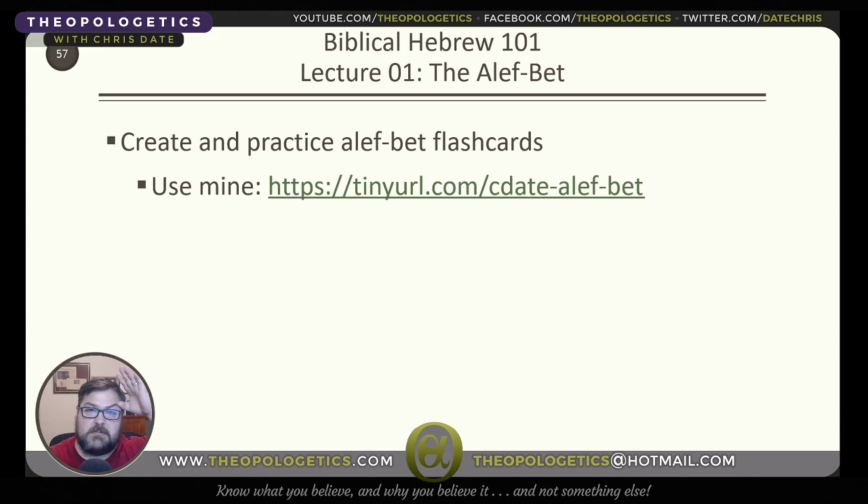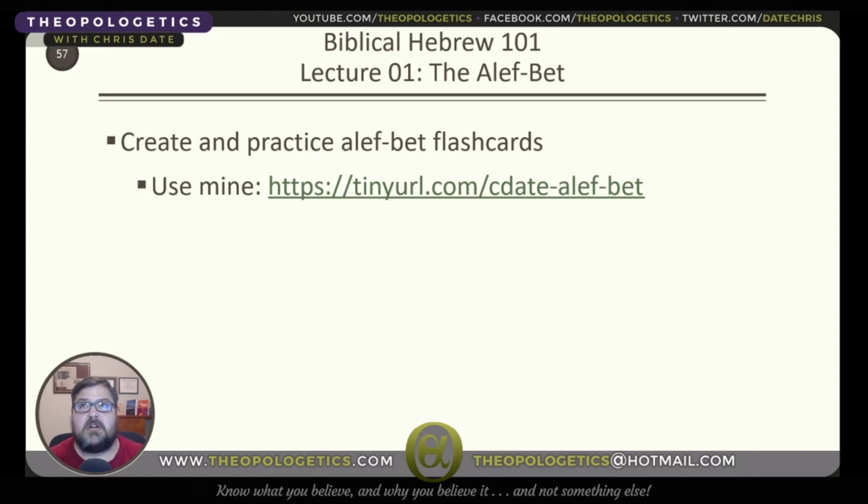And the first recommendation I have is to create and practice flashcards, where each letter of the Alef-Bet is on the flashcard. Now, one way to create those flashcards would be to write them out in Hebrew, and that's a very good way to do it.